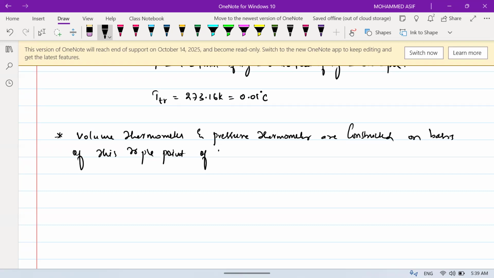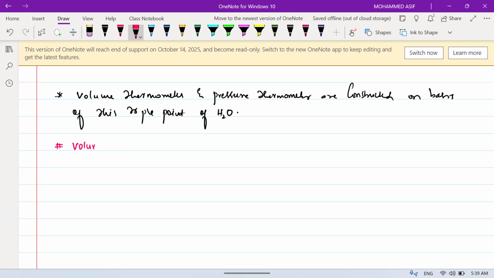Now see, if I'm talking about volume thermometer, it says that volume is directly proportional to temperature.